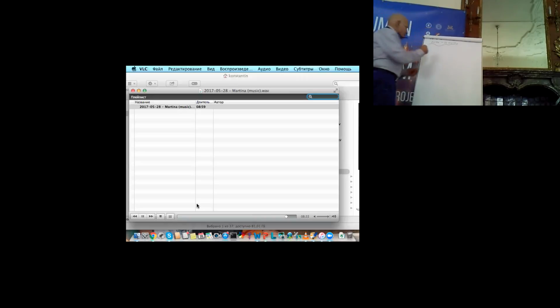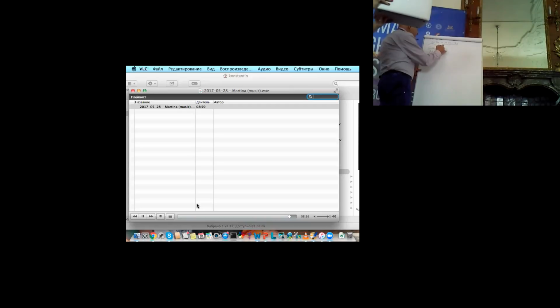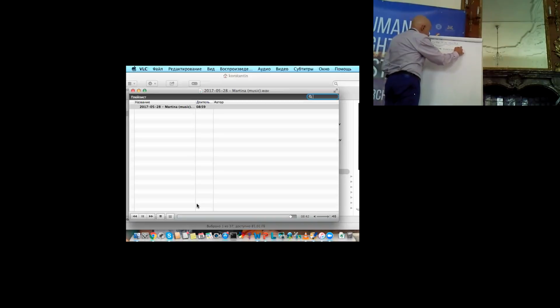In this device, we're using a frequency that is gigahertz, like 10 billion hertz.